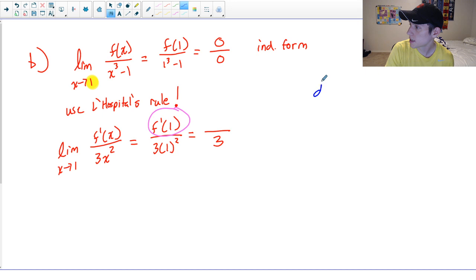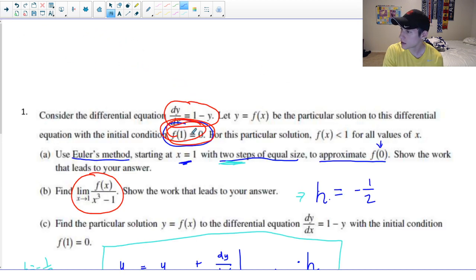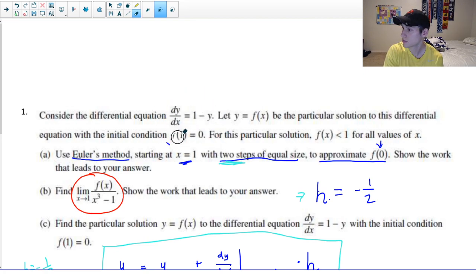For f prime of 1, so dy/dx whenever x equals 1. Now, dy/dx is 1 minus y. Well, you might be a little confused: x equals 1, I don't know the value of y. What do I plug in for y? But we know from the start that if x is 1, that means that y is 0.